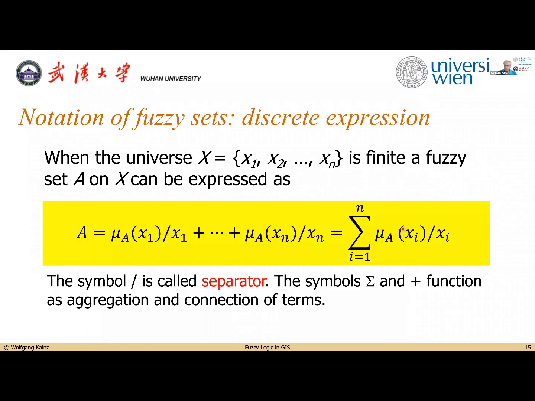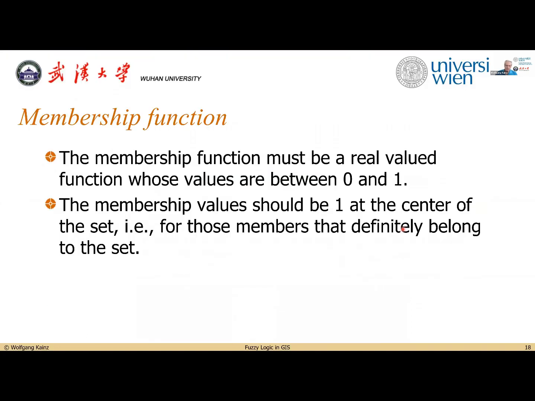That is what I mean with this statement, that the membership values should be 1 at the center of the set, meaning for those members that definitely belong to the set.